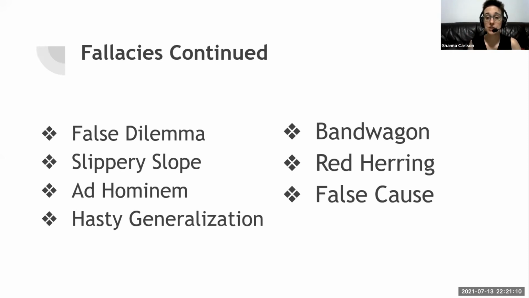And then the last most common one is false cause fallacies. So sometimes you will hear the phrase correlation does not equal causation, right? What that means is, excuse my spelling.